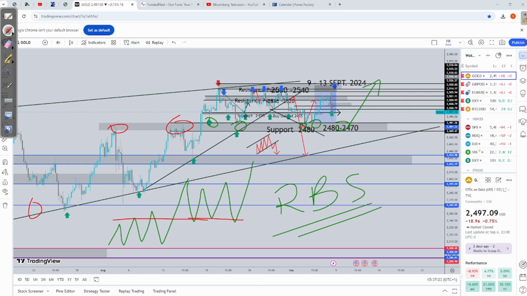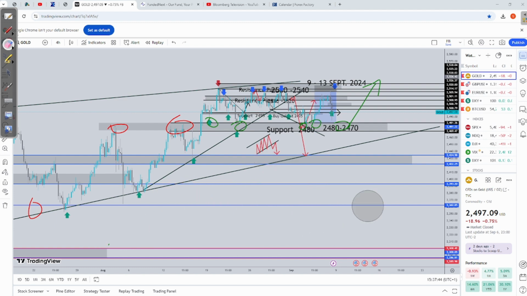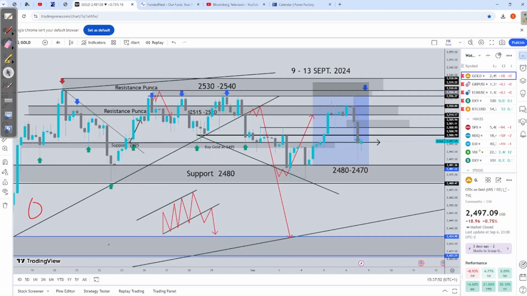Now the market has made some touches at the top there, so we are expecting it to come to the support area. If this is the support zone, we're expecting it to come to this particular place. If it breaks down, then we're expecting it to go more down. It should start going down more. Do you understand? Let's take note of that.